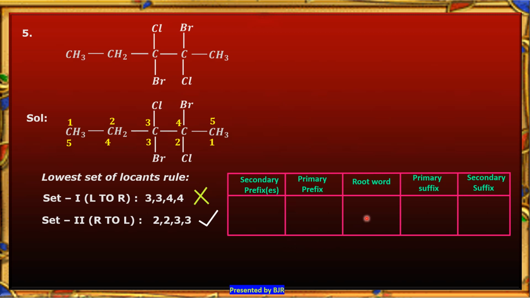And the root word is pent, primary suffix an, secondary suffix e, and primary prefix won't come because it will come only for cyclic compounds, and the secondary prefixes are nothing but substituents. Here chlorine and bromine are the substituents.